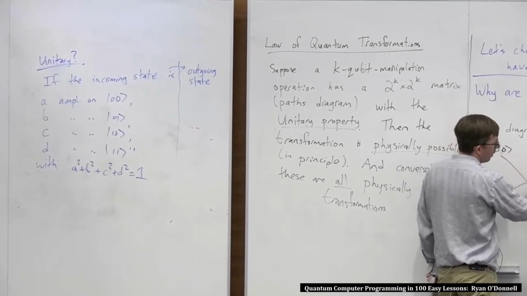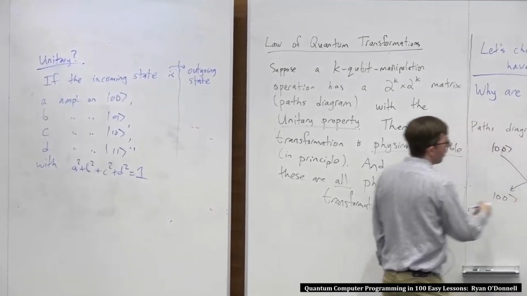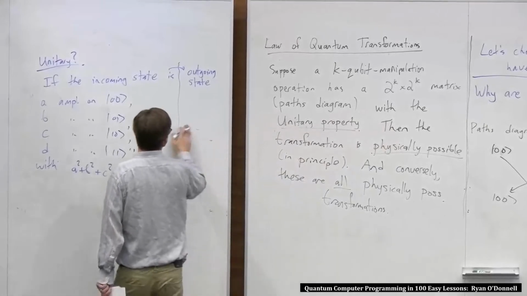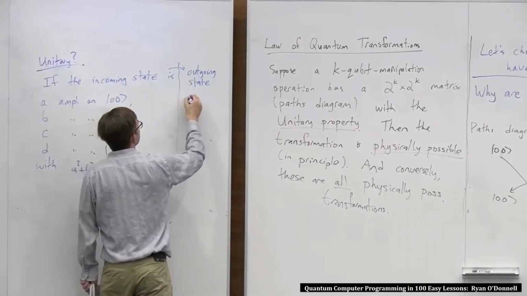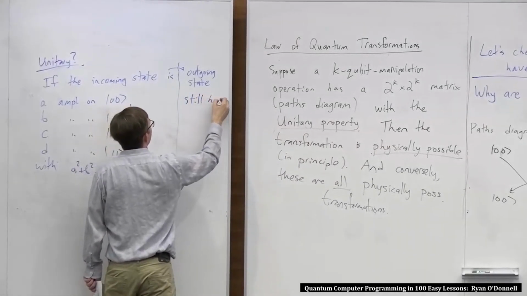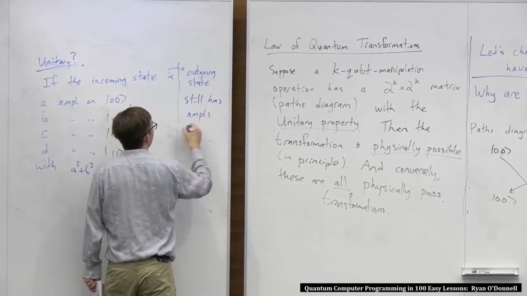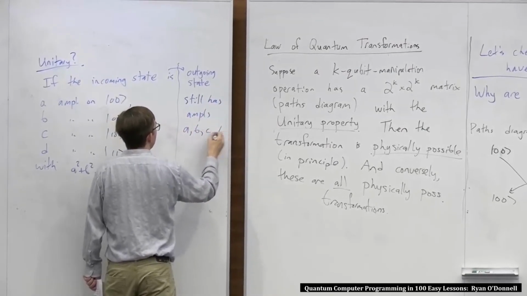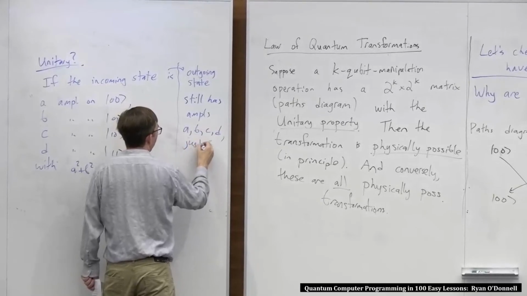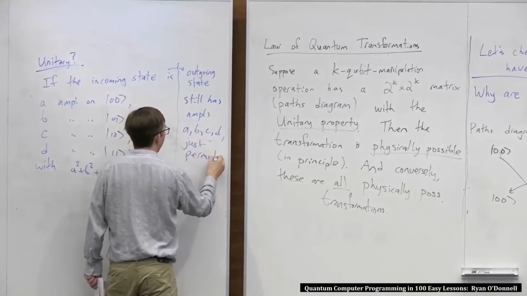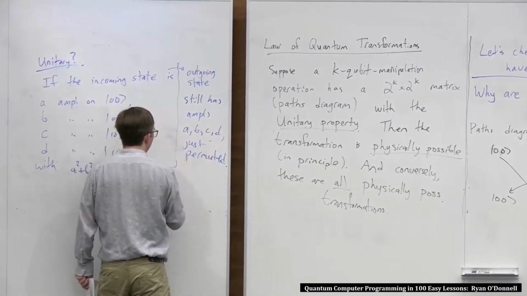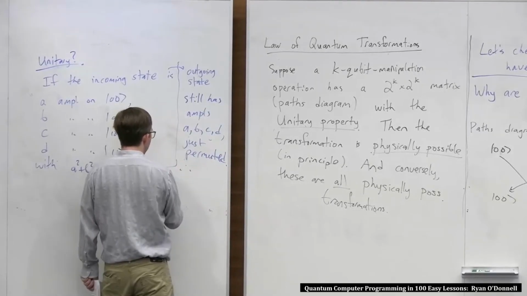And if you have B here, you have B amplitude here, and so forth. You would just get them permuted around. So it still has amplitudes A, B, C, and D just permuted. And therefore, the squared amplitudes still sum to 1.